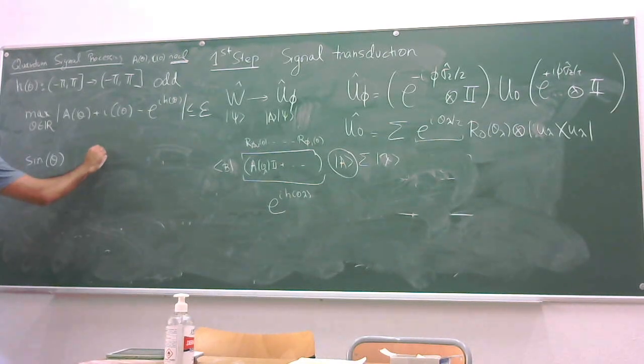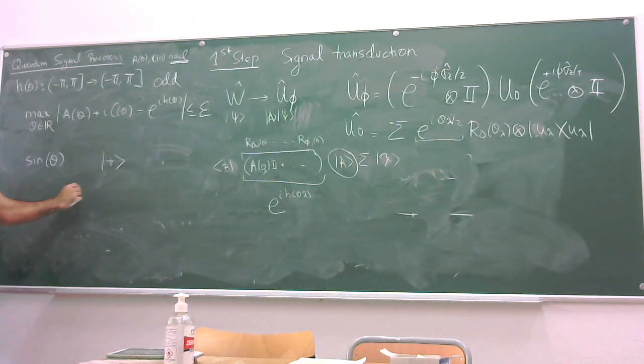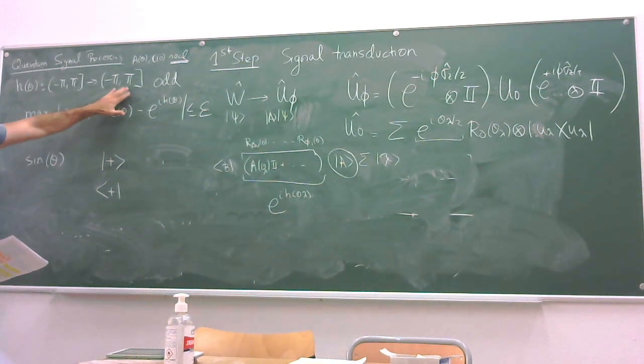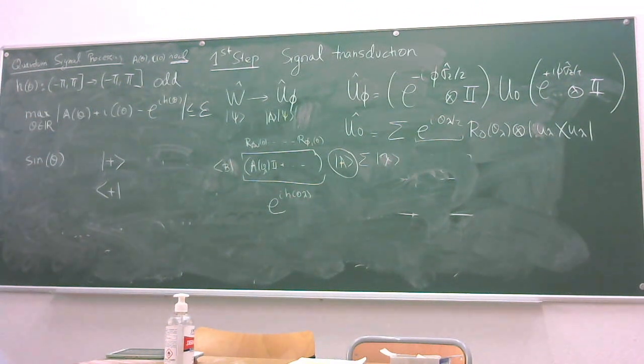The initial state for the ancilla, we choose the plus state, and to project, we also choose the plus state. So now we know that the transformation that we want to apply is the sine up to a certain prefactor, and that prefactor is going to be limited by this range, so that's going to limit the simulation time that we may have because of this prefactor.